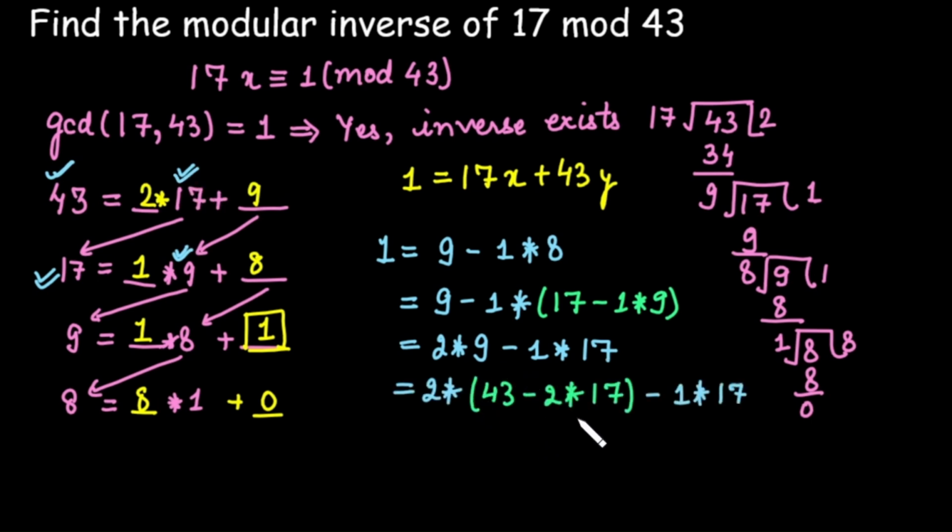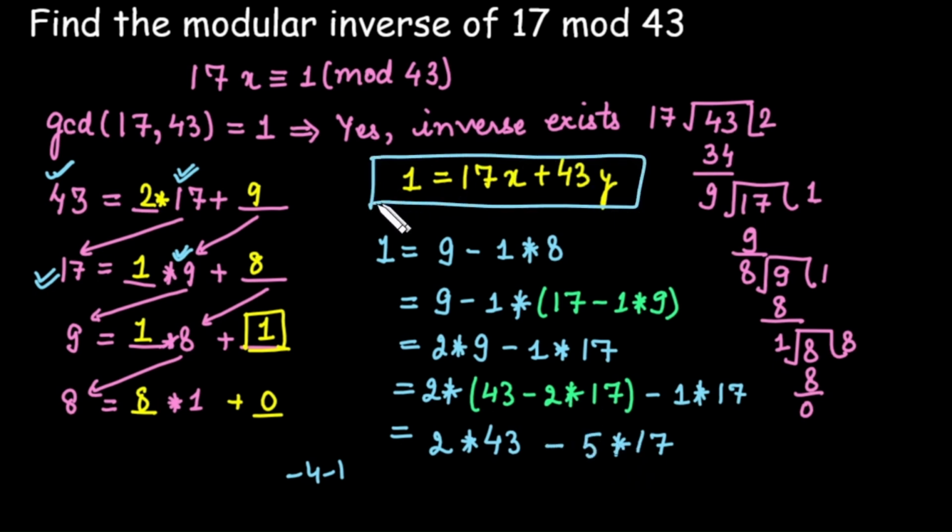That is equal to this. Simplify this. Find the coefficient of 43 and 17. Coefficient of 43 is 2 and the coefficient of 17 is minus 2 minus 1 times... minus 4 and here minus 1, that is equal to negative 5.